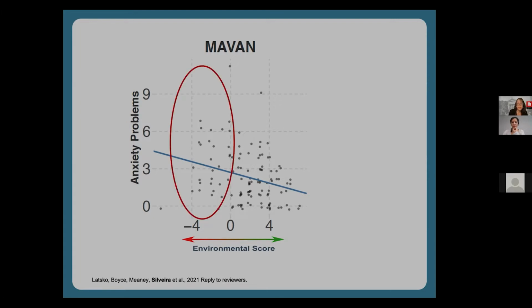Now we can also note on this plot the large variability that exists in the response. So while several children exposed to adversity have high levels of anxiety, several of those exposed have normal levels compared to those not exposed. So you see that some children are more vulnerable and some are more resilient.